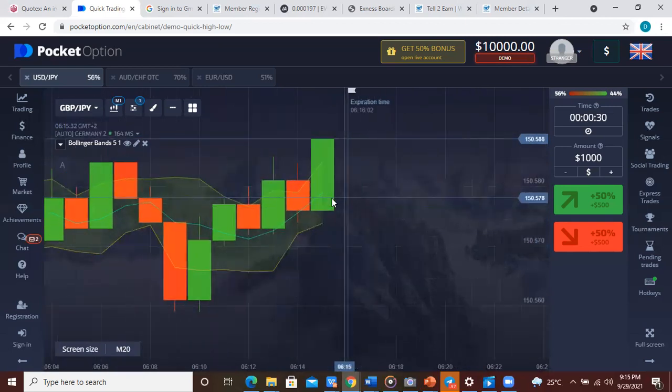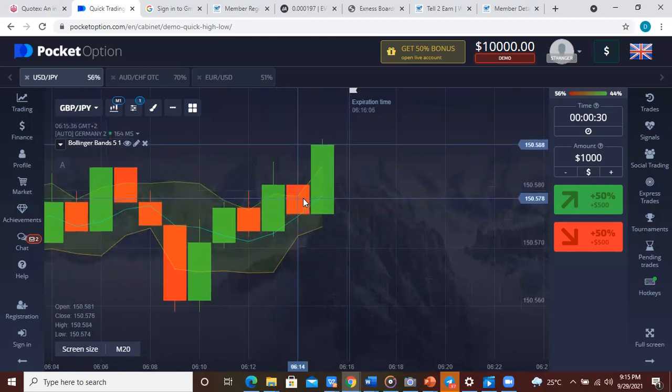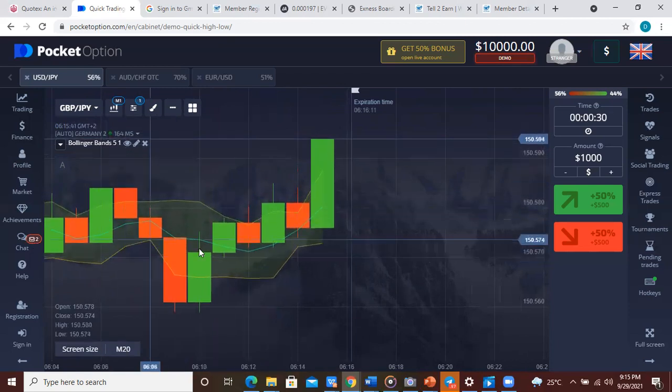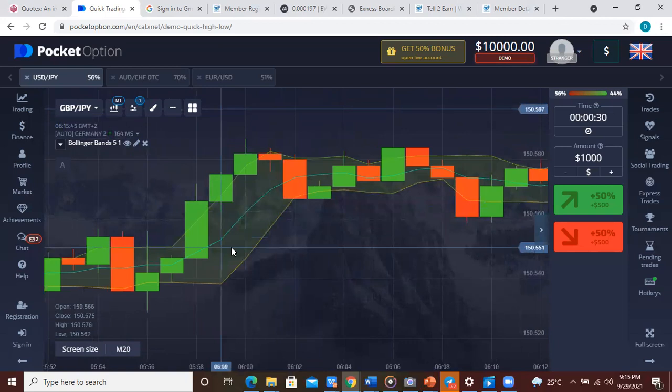Now, just like I said, it depends on the settings that you are doing, depends on the strategy that you are using, that will determine the settings that you need to give to it. So when we get into the strategies, that is when you will be able to know that I need to set this one for this period and then for this deviation.